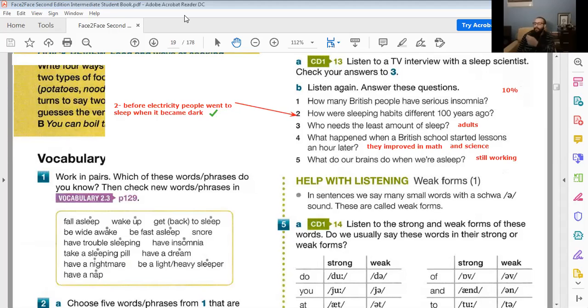But we already said that adults need less than teenagers. Who needs less than the parents? Adults? Maybe the older. Old people. The parents. Correct, old people. No, old like children. No, actually, old people don't sleep a lot. They wake up very early. Because they're going to sleep a lot very soon.